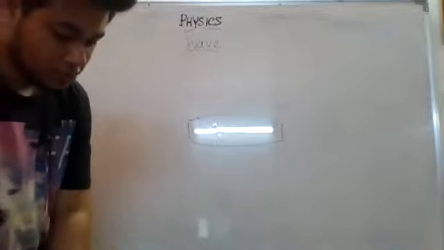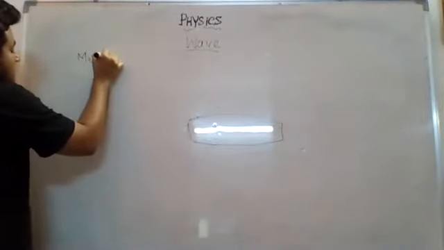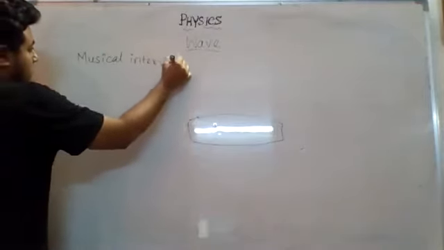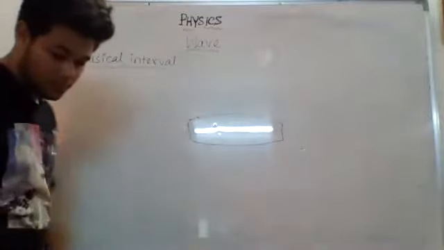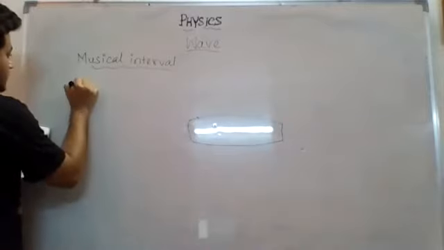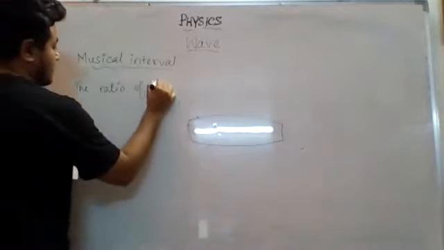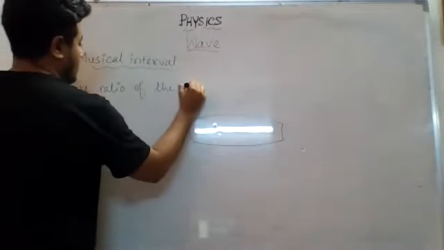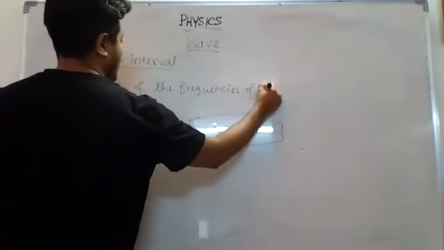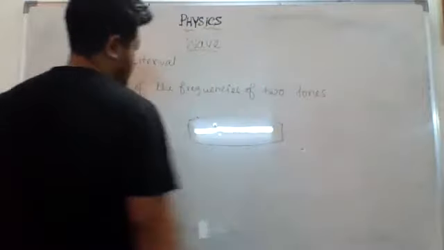Okay. Now the next topic that we are going to study is musical interval. Musical interval is the ratio of the frequencies of two tones.